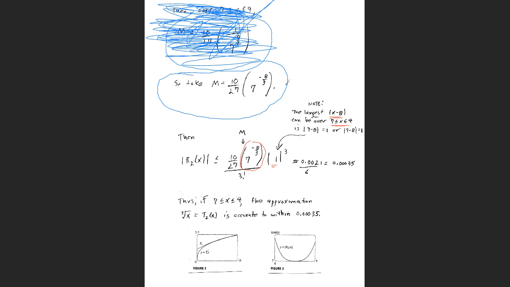So the bound on the error of your approximation would be 10/27 times 7 to the negative 8/3 power over 3 factorial times 1 cubed. And that will equal 0.0021 over 6, which is 0.00035.